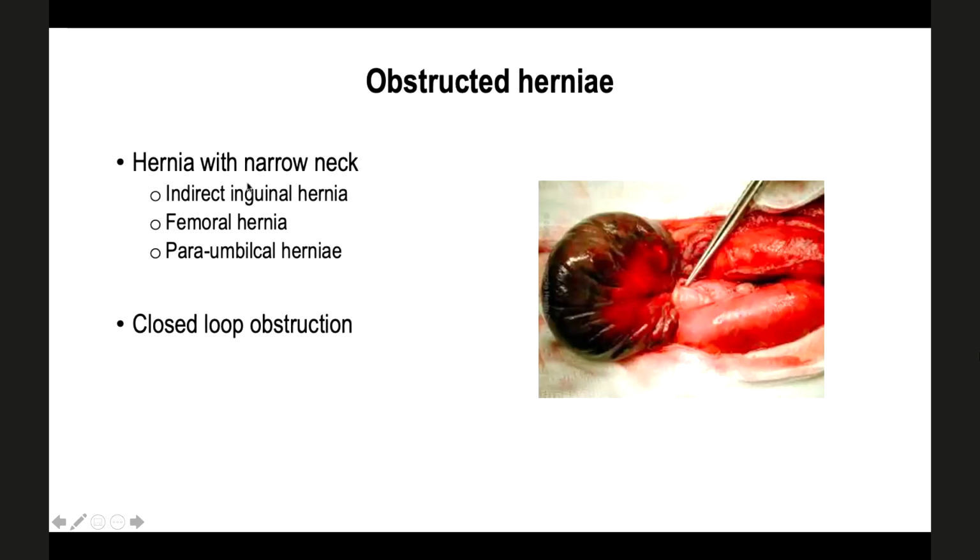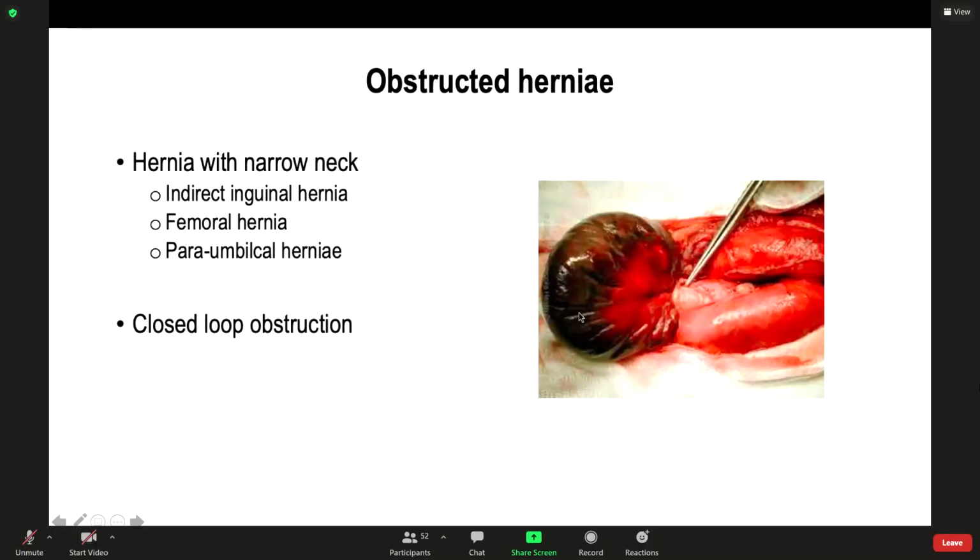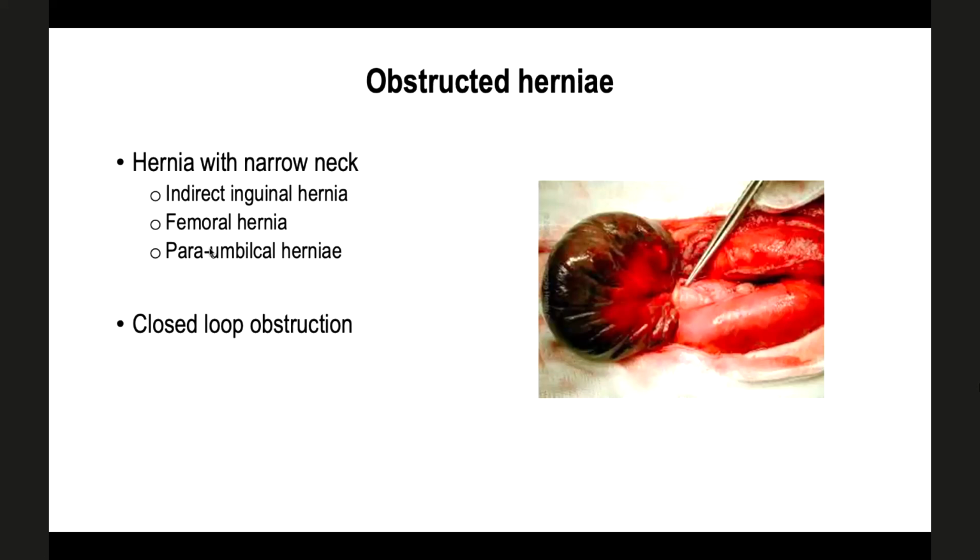So hernias which have a narrow neck might allow a loop of bowel to slip through, and the bowel then gets entrapped and caught. These patients present with intestinal obstruction in surgical wards, especially in these two, because they have a fairly narrow neck.